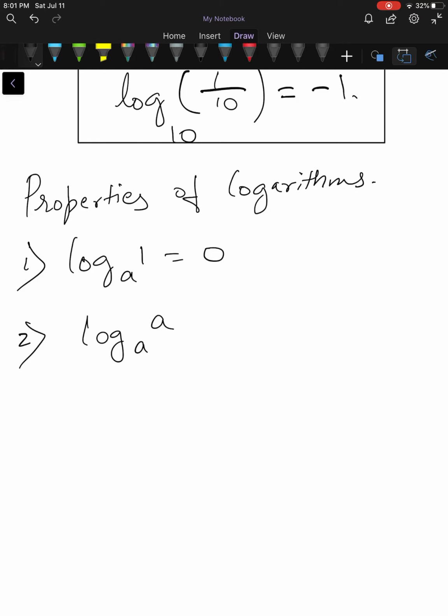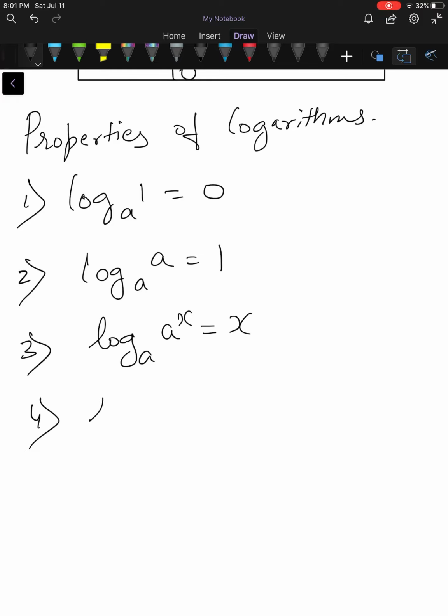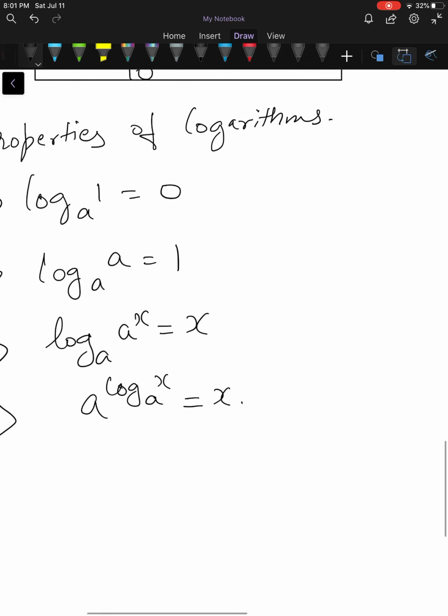Second, log a of a is equal to 1. Third, log a of a to the power x is equal to x. Fourth one, a to the power of log a of x is equal to x.